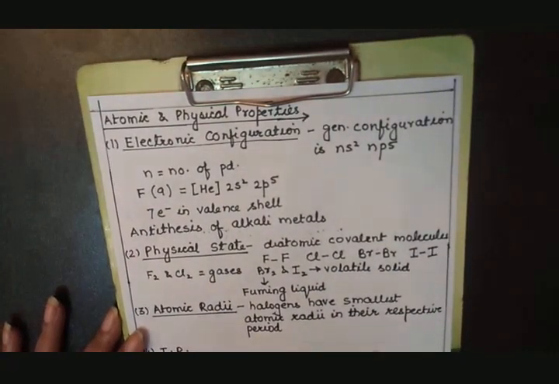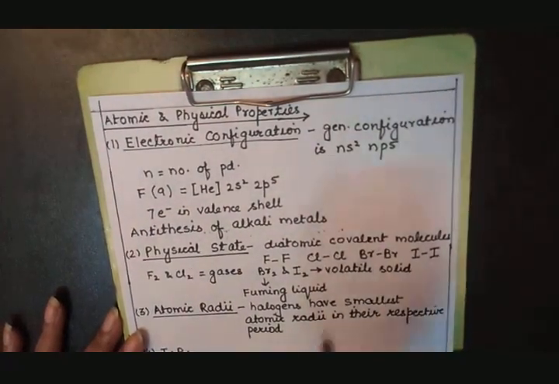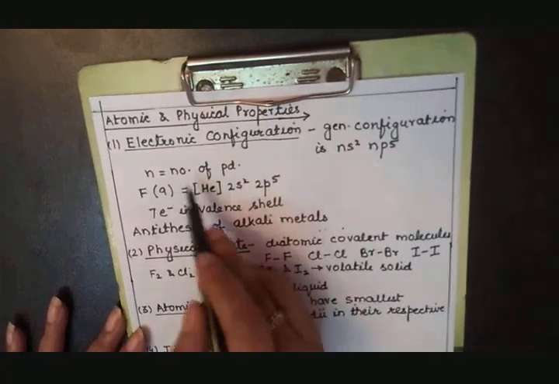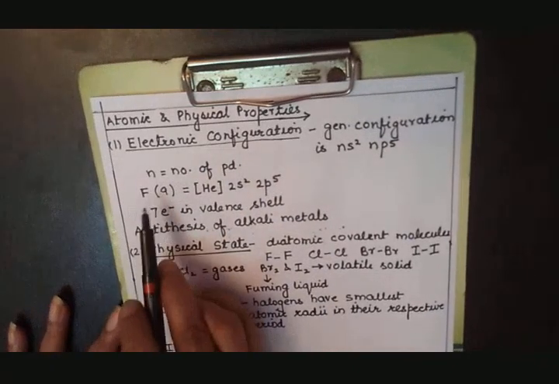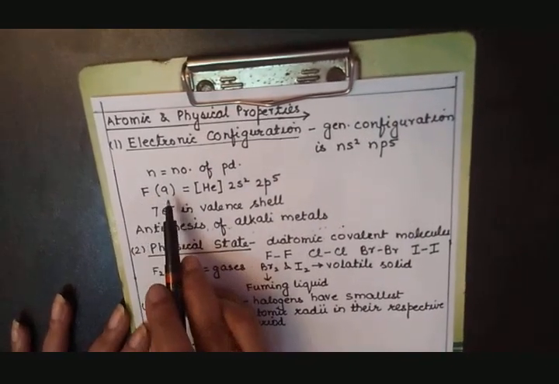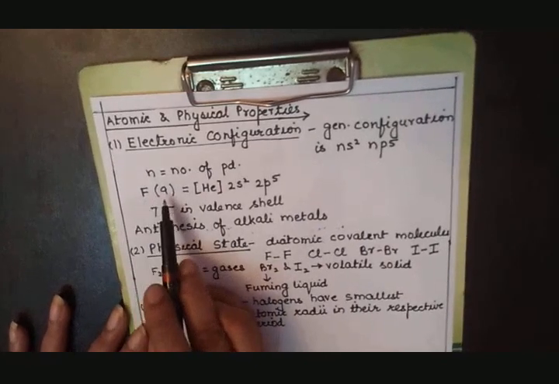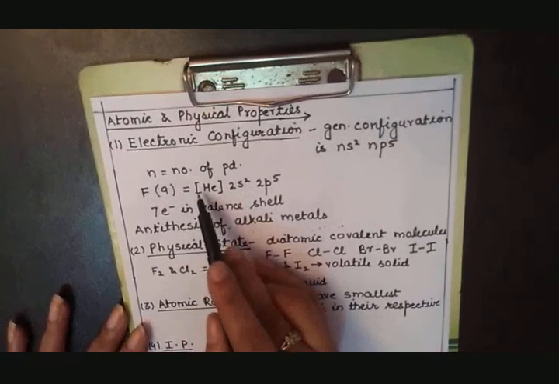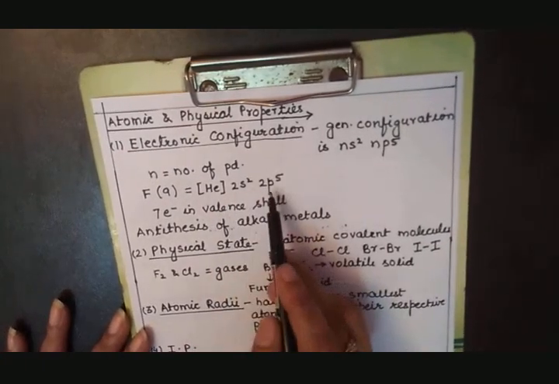Halogens have a general configuration of ns2 np5, where n is the number of the period. For example, the electronic configuration of fluorine, which has atomic number 9, we can write as [He] 2s2 2p5, or 1s2 2s2 2p5.